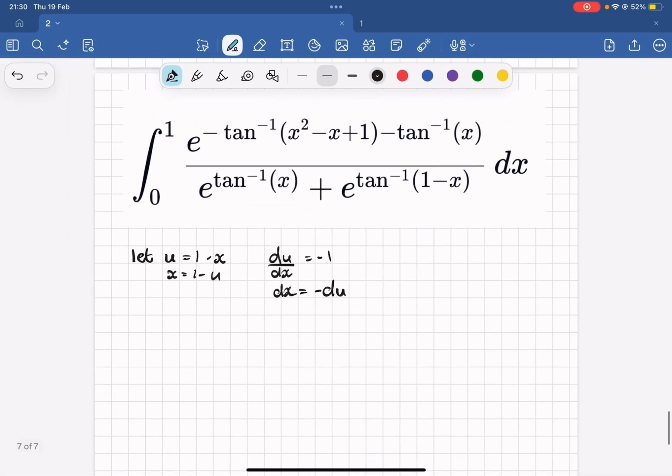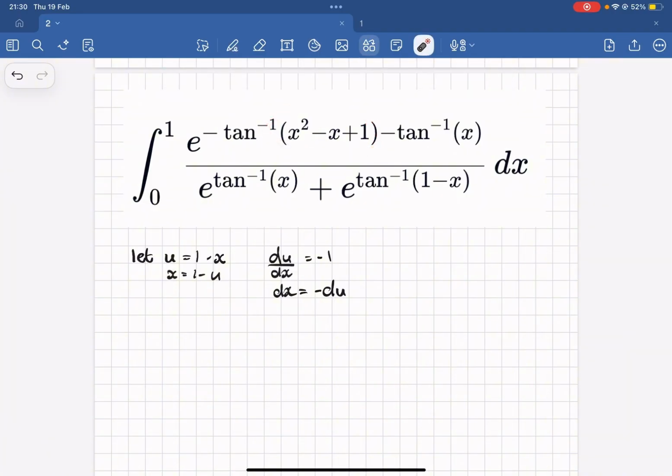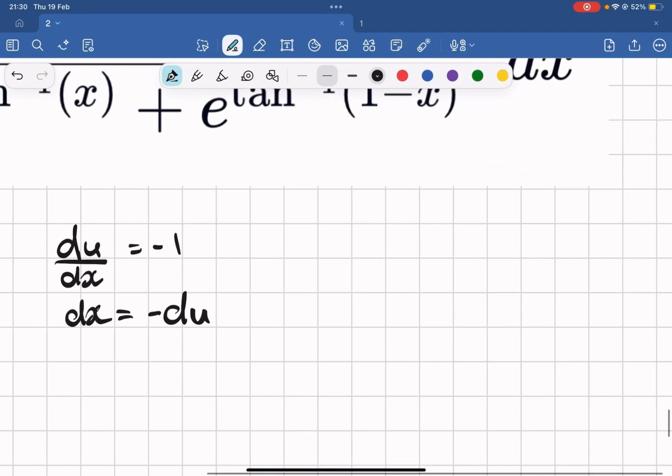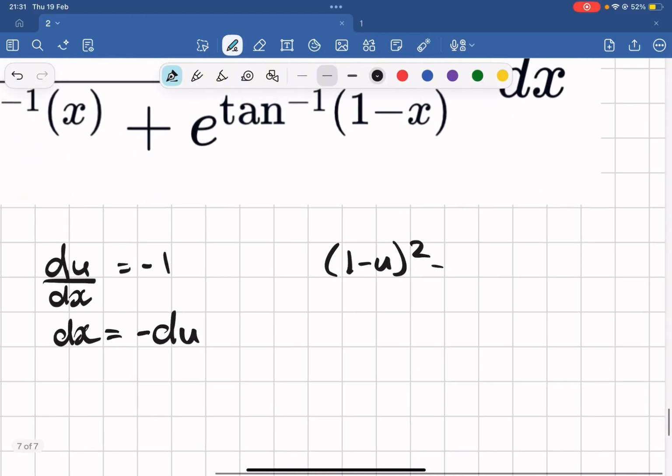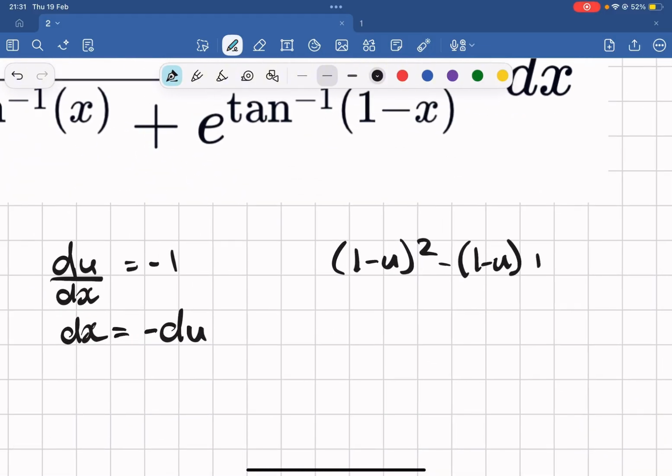Now let's go ahead and make this substitution. So before we start, x squared minus x plus 1, let's quickly evaluate that on the side. Sub in 1 minus u, so we have 1 minus u squared minus 1 minus u plus 1. u squared minus 2u plus 1, minus 1 and plus 1 cancels, so we've just got plus u, squared minus u plus 1.